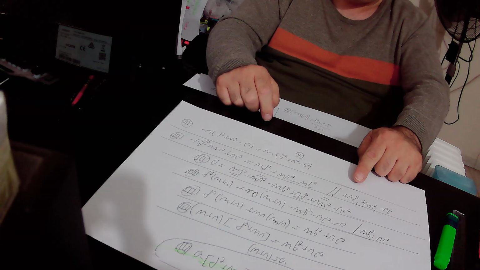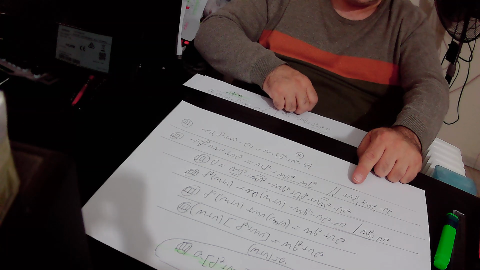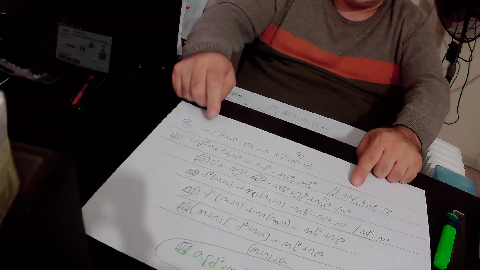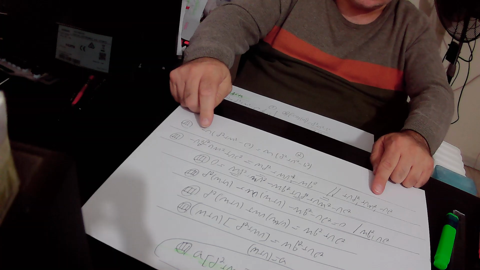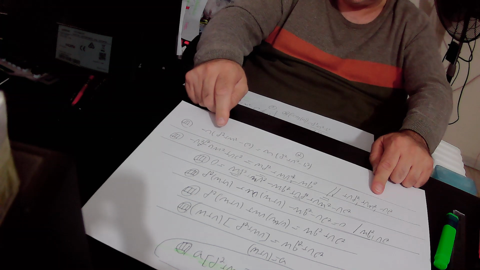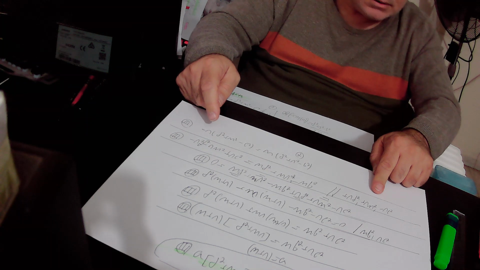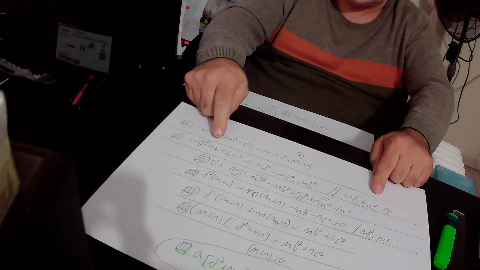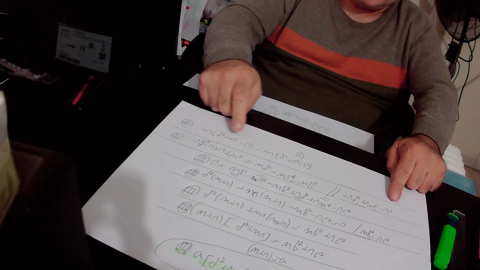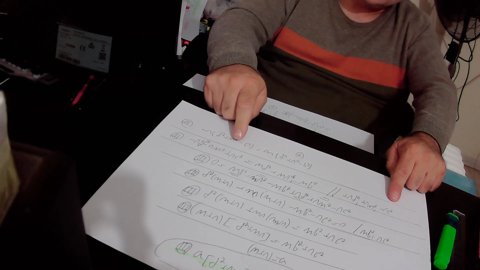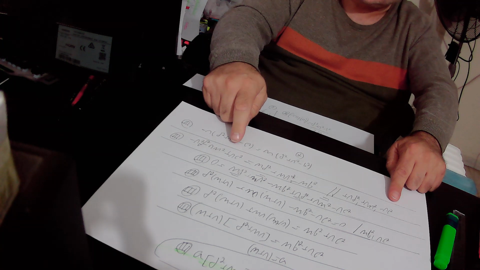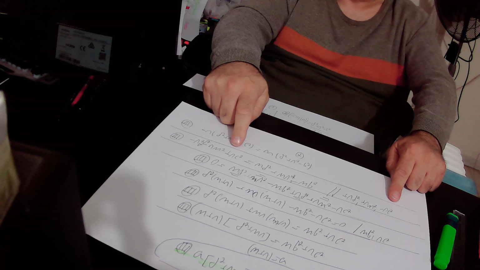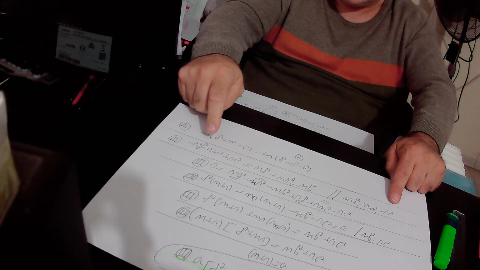Then we added to equation number 3 ND square, so ND square minus ND square is 0. We added MB square, and we added NM square also, so NM square minus NM square is 0. And finally, we subtracted NC square, so NC square minus NC square is 0. So on this side of the equation we have 0.